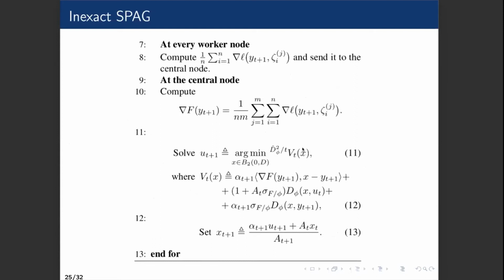And this subproblem, 11 and 12, we will solve by the Hyperfast method. So this leads us to our method. The outer procedure is inexact, so we need to solve this inexactly, and naturally we compute the full gradient of f on the workers, and that's why it's much faster.